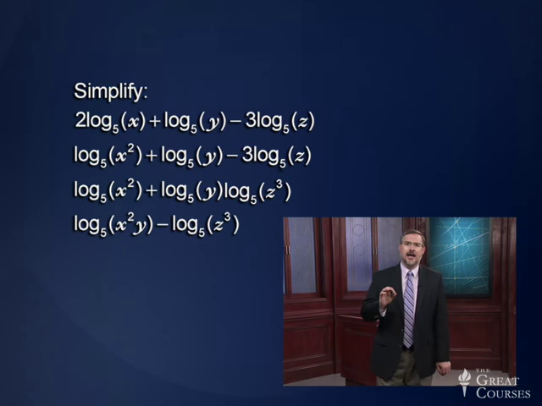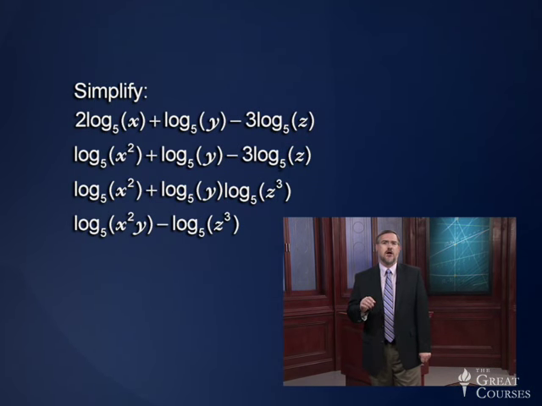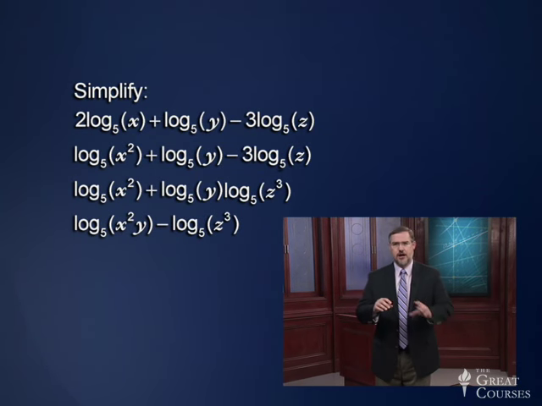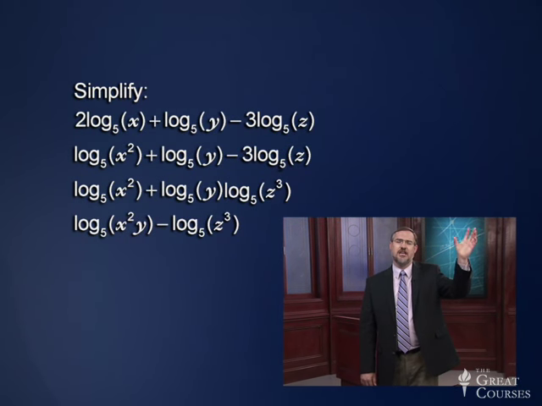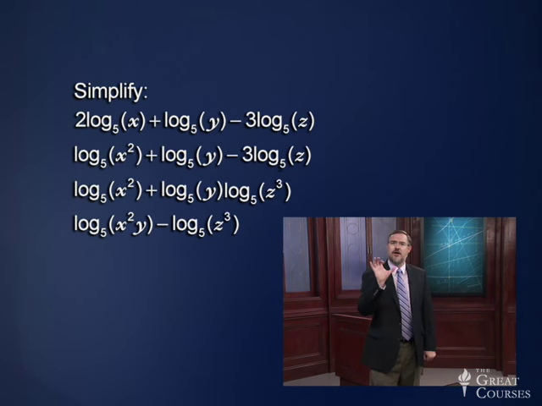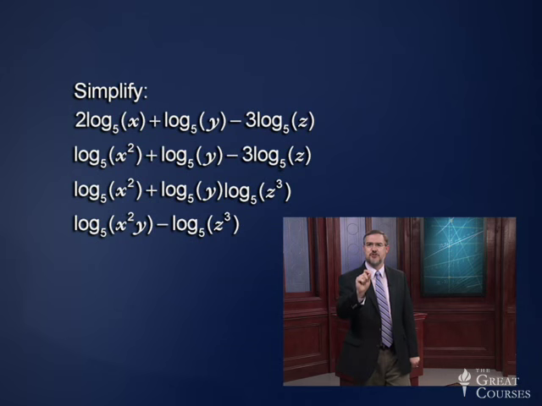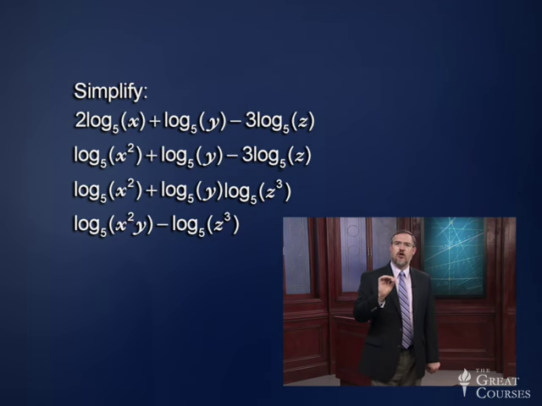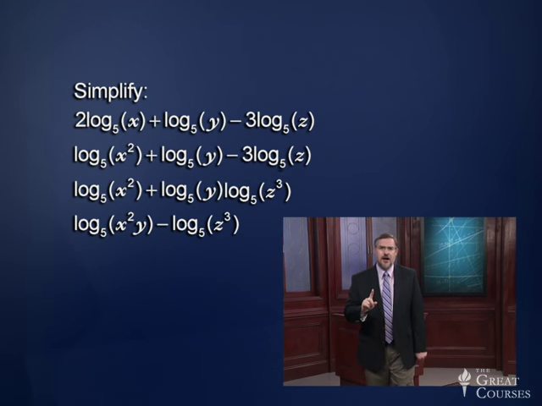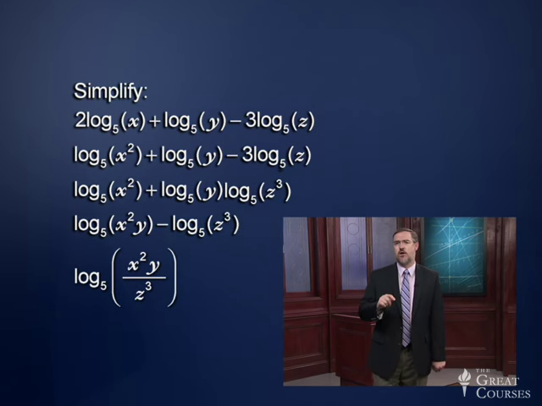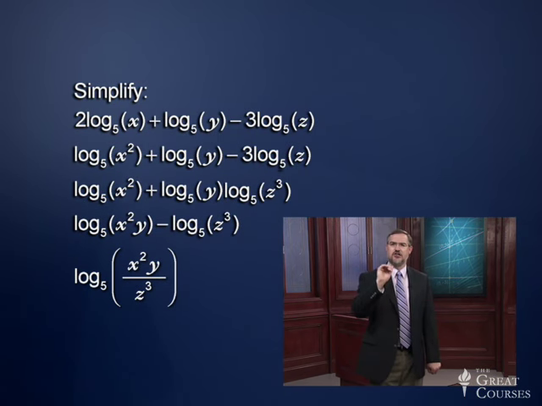And now I have log base 5 of x squared times y minus log base 5 of z cubed. Remember, I pulled that 3 back up into the exponent inside the z. And now the second property says I know how to combine when I have a minus sign between the two. That log base 5 of x squared y minus log base 5 of z cubed becomes log base 5 of x squared times y divided by z cubed.